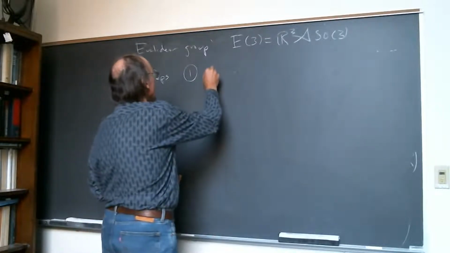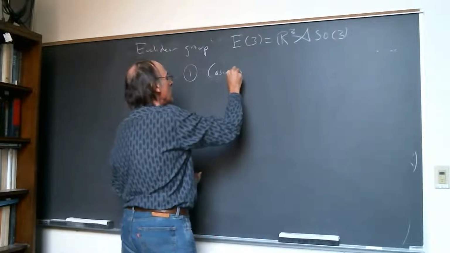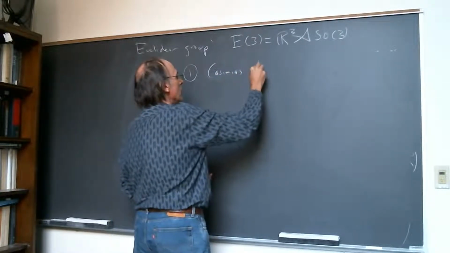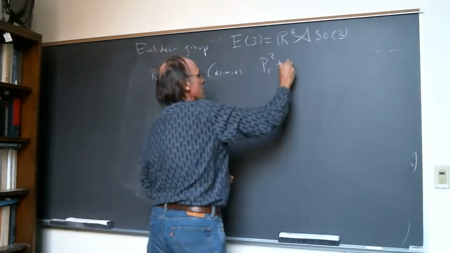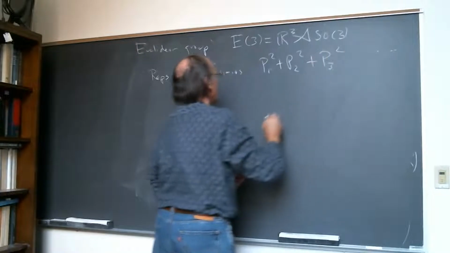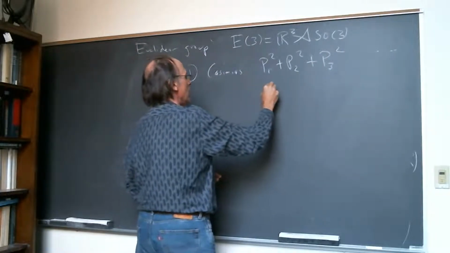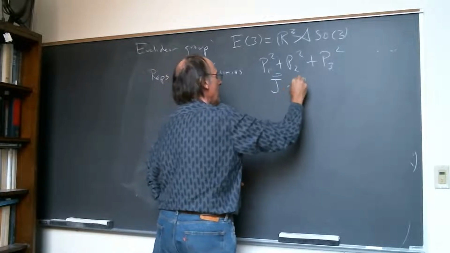So you have two Casimir operators: P1 squared plus P2 squared plus P3 squared, and then J vector dot P vector.